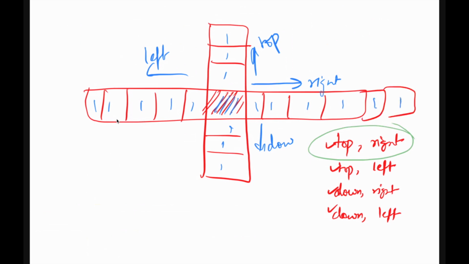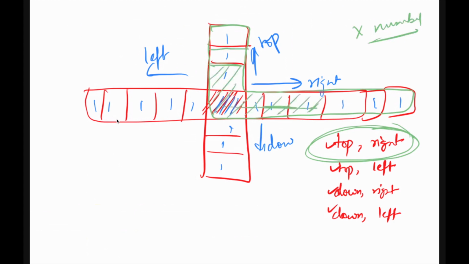So let's say we are just considering this case first: top and right, just this shape of L. In this we can have many valid L shapes, for example 2 from here and 4 from here can be a valid L shape, or if we take 3 from here and 6 from here, 1 2 3 4 5 6, this also can be a valid L shape.